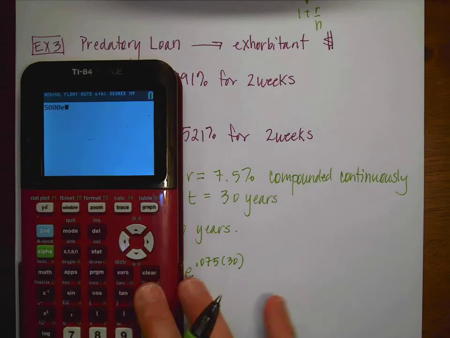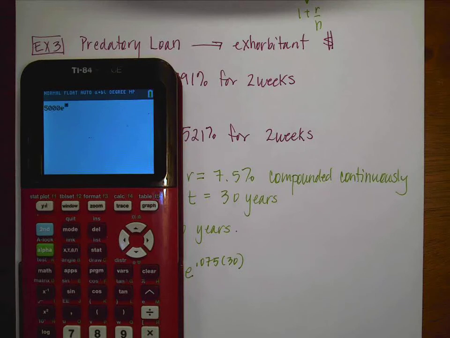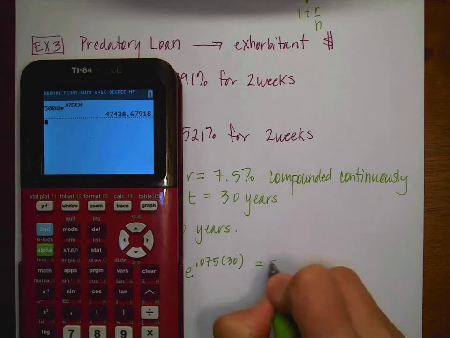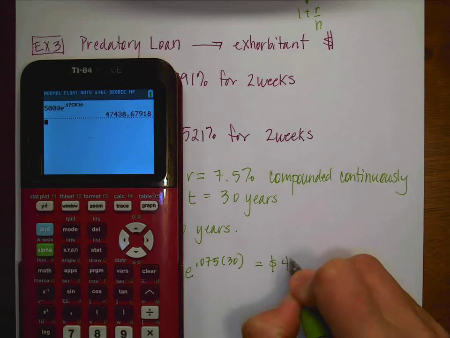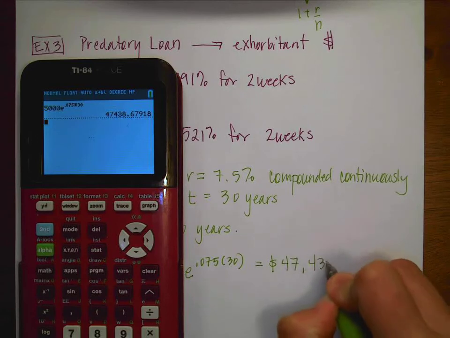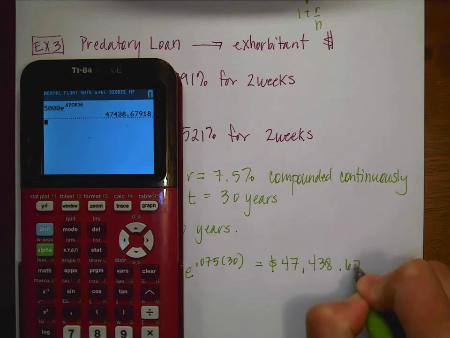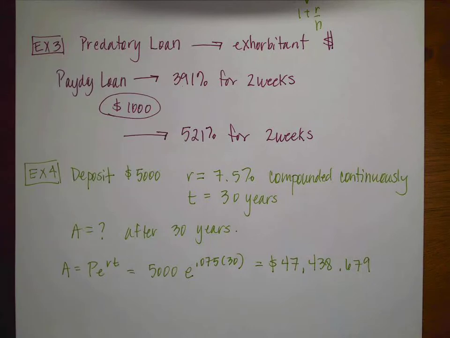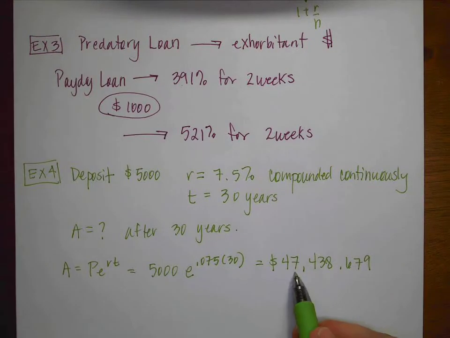If I clear, I'm going to have 5,000, second E, raised to the 0.075 times 30, and I'm going to hit enter. I always want to do it in one fell swoop on my calculator, and this equals 47,438.679. So after 30 years, I would have $47,000 in the bank.